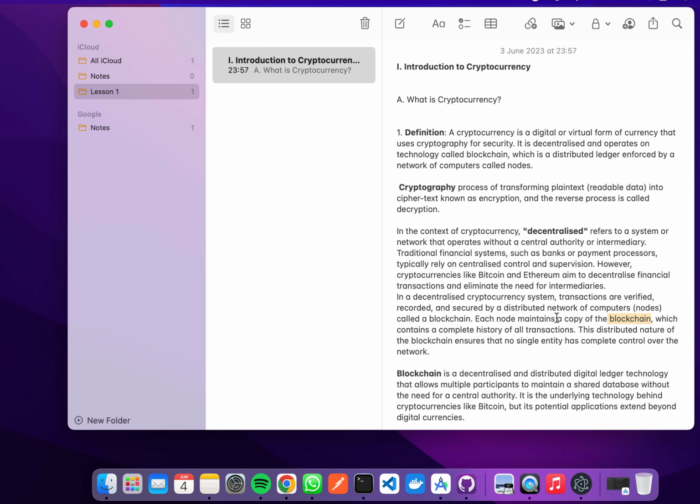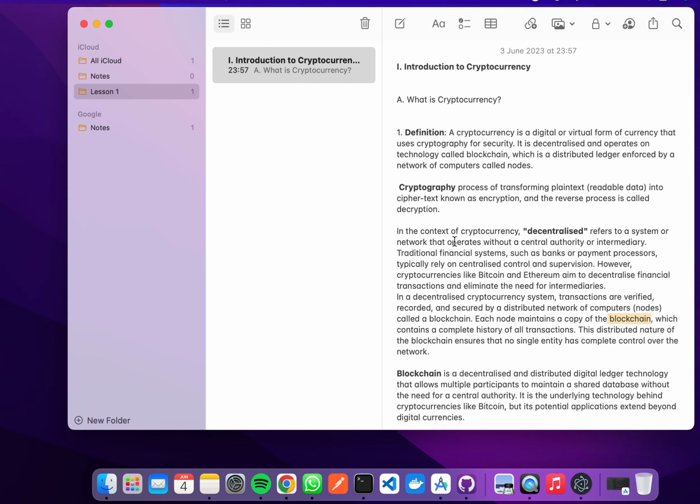And every node or every computer essentially contains a copy of this data. So even if you were able to change the records from one computer, you would have a million others with the original information. So this makes it very difficult to change or to alter the transactions.